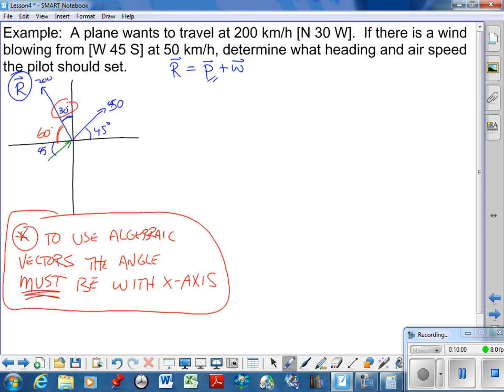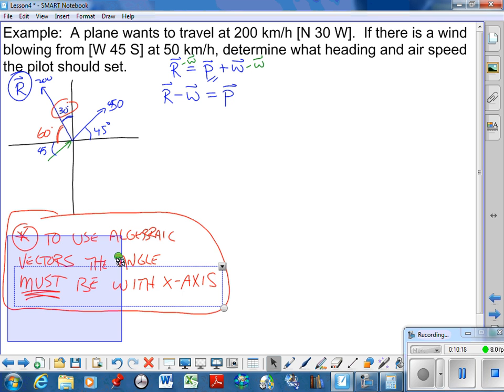The beautiful thing about algebraic vectors is that we can treat it like algebra. So we can just subtract the wind vector, which means that if you take the resultant, subtract wind, you end up with the original plane settings. That's nice, okay? Vectors follow every algebraic rule we have ever taught you in math courses.